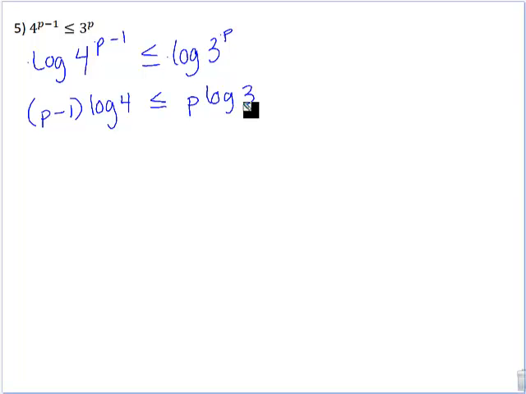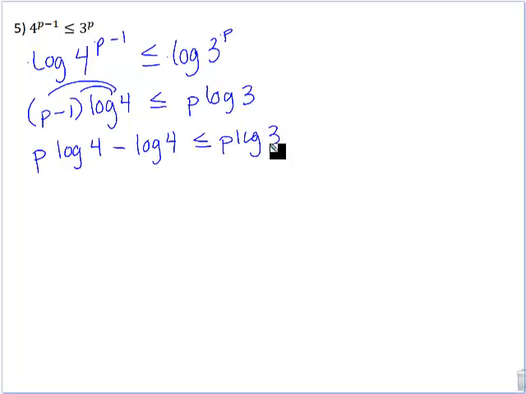Now, we can distribute our log of 4 throughout the parentheses. So we would have p times the log of 4 minus 1 times the log of 4, or just minus the log of 4, is less than or equal to p log of 3. We need to get our p's on the same side, so we will subtract our p log of 4 over.